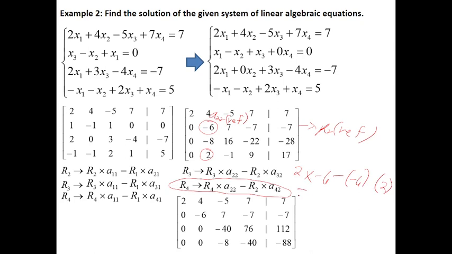Gets nyo yung ginagawa ko? Opo, sir. Hindi ko tinitignan yung pattern. 2 times negative 6 minus negative 6 times 2. Para sa second row pa lang yun. Umpisa pala natin sa first row muna. 0 times negative 6 minus 0 times 2. 0, di ba?